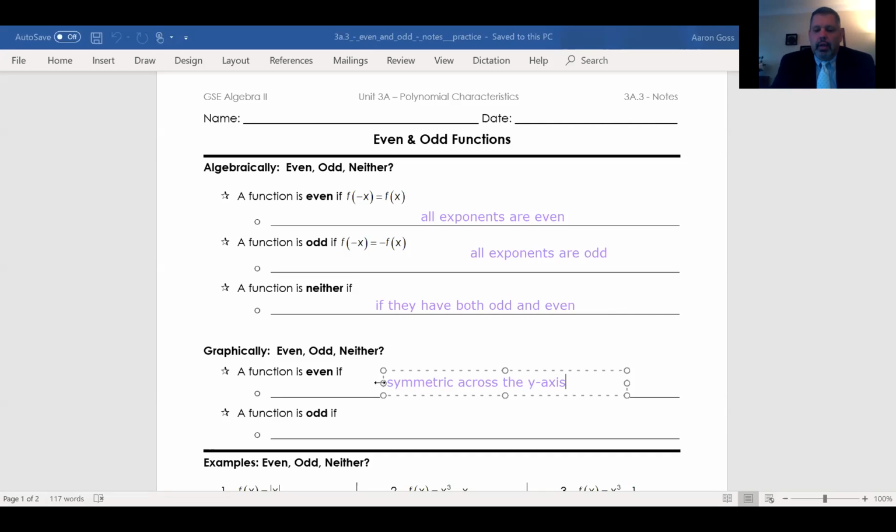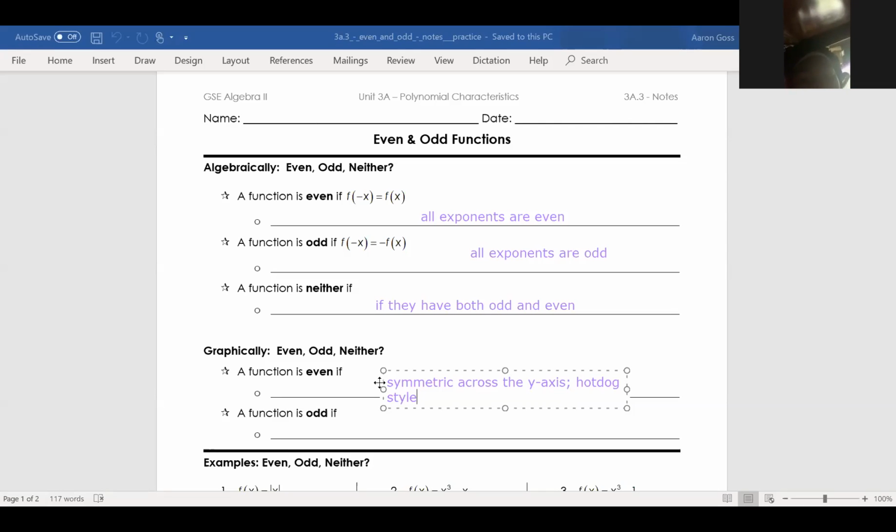So if I could fold it hot dog style, if you can fold it hot dog style, it mirrors itself across the y-axis, then it's an even function. And good morning, Ashley. If I can fold it across the y-axis, then it is an even function.